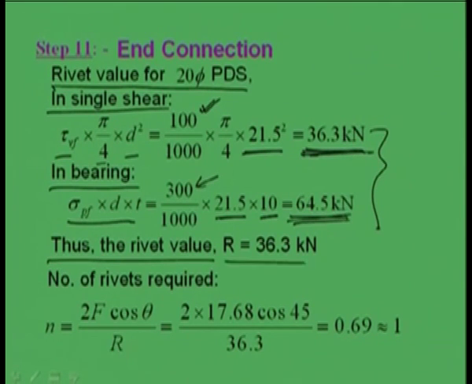So, the lesser is 36.3 kN. This is the rivet value, and the number of rivets required will be as per the formula 2F cos theta by R. We have also shown why 2F cos theta in case of single lacing. So, 2 into F into cos theta by R is becoming 0.69, that means 1. That means the number of rivets required is 1.